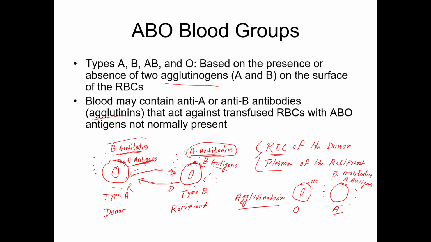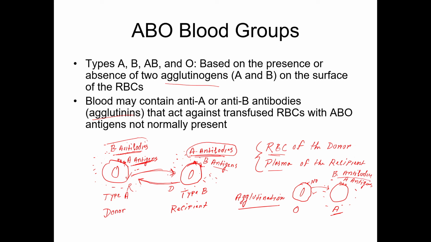So you see, when this blood, O blood, will be given to type A person, then what will happen? This red blood cell will not be destroyed because on the surface there is no antigen.